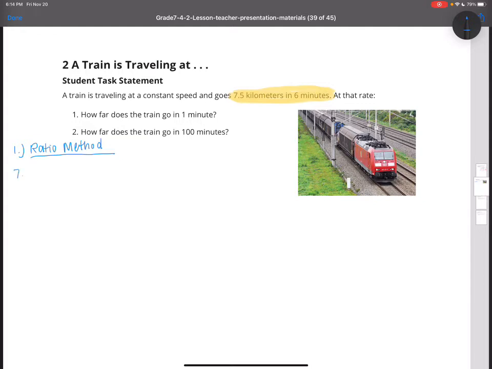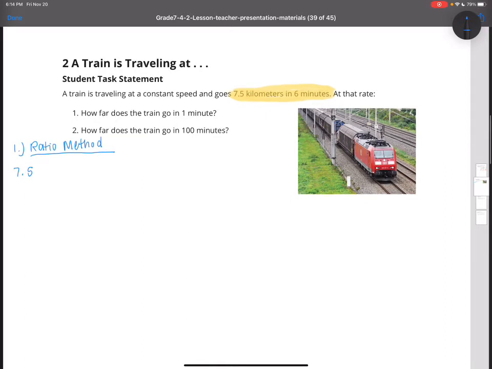I'm going to do 7.5 or 7 and 5/10 kilometers. I apologize, I think I was saying 5/5 earlier, but it's 5/10 kilometers, to 6 minutes.